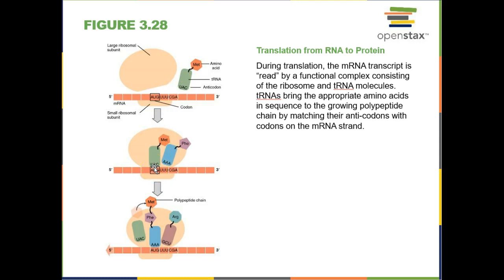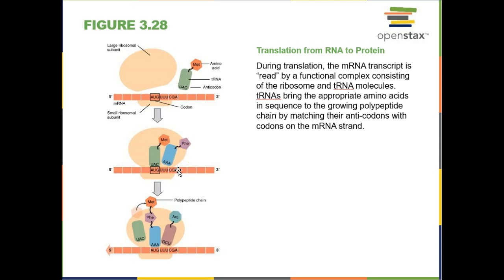So the same rules of base pair complementarity dictate which anticodon is going to show up and stick next to each codon. Every time AUG shows up in this mRNA sequence, there is a UAC tRNA that is going to deliver methionine. And here is UUU. The anticodon for that is AAA.